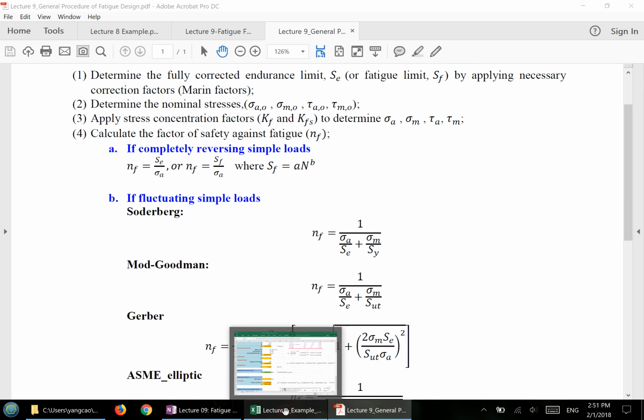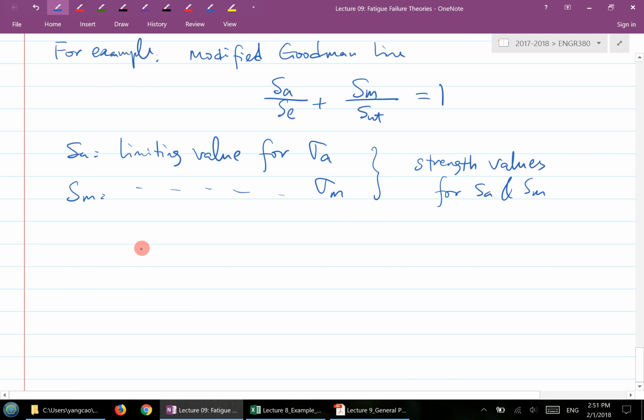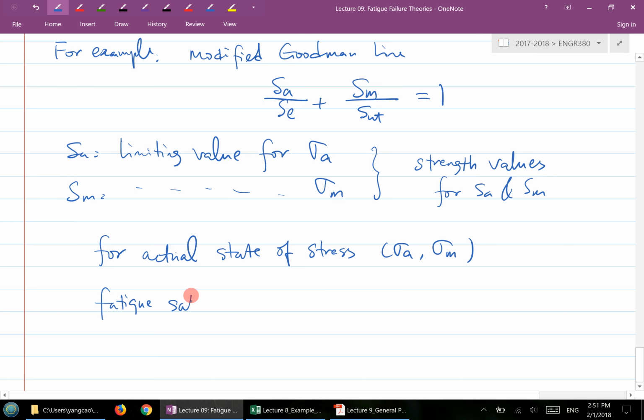So for actual states of stress, which is the sigma A, sigma M, that's the actual value. Then the fatigue safety factor NF in terms of the modified Goodman line is 1 over sigma A over SE plus sigma M over SUT.